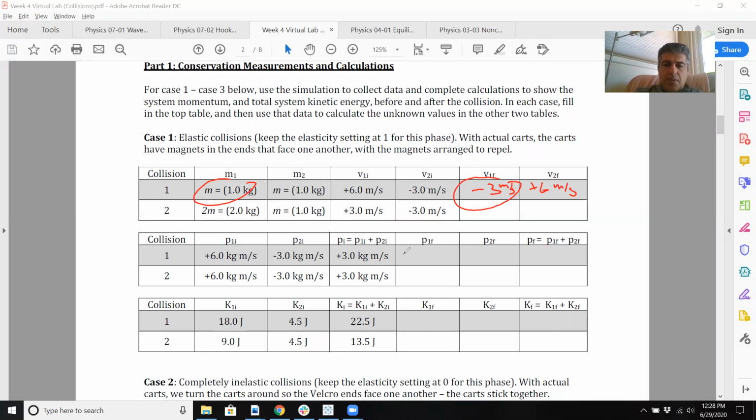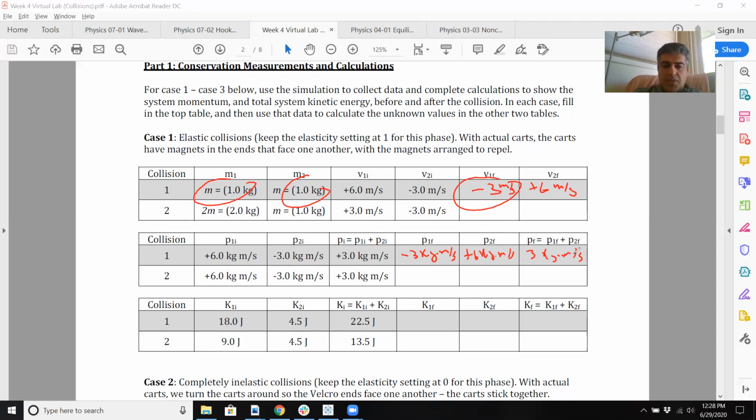So it's going to be -3 kg times meters over seconds. And for the second cart, that's going to be +6 meters per second. So the final momentum, if I add up, becomes 3 kg times meters per second. So we do see momentum is conserved.